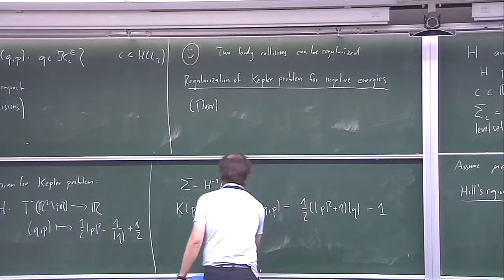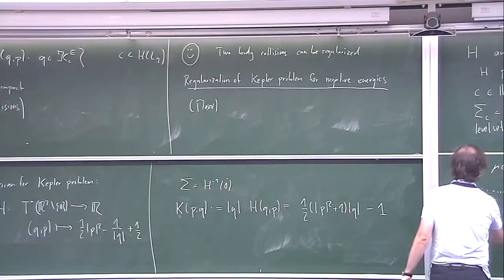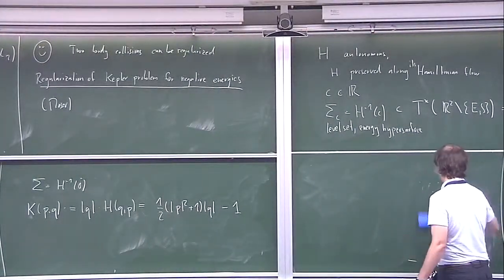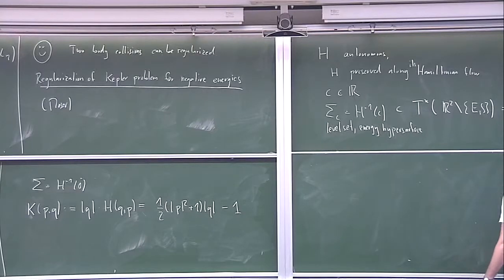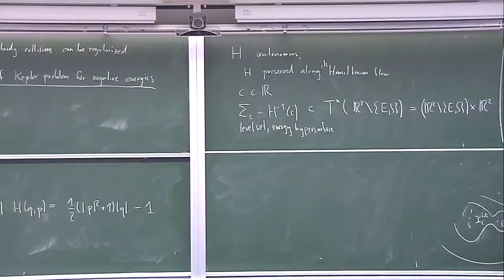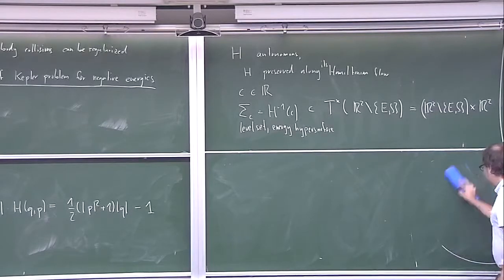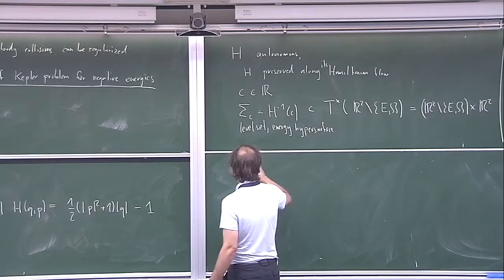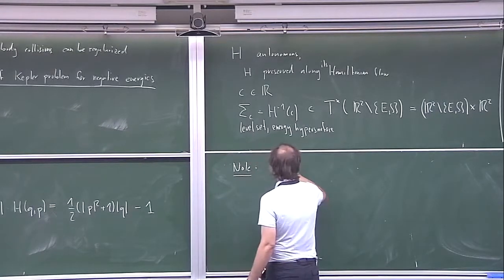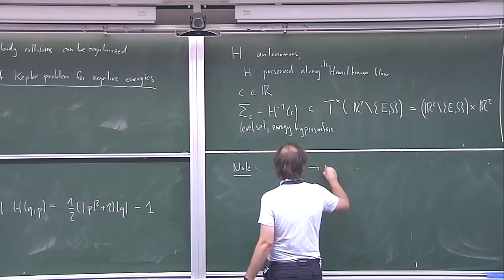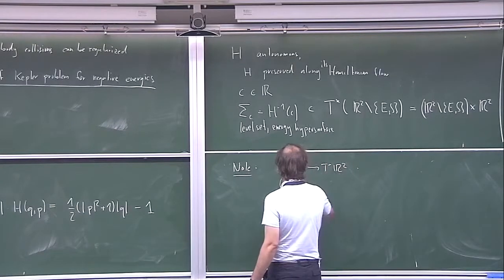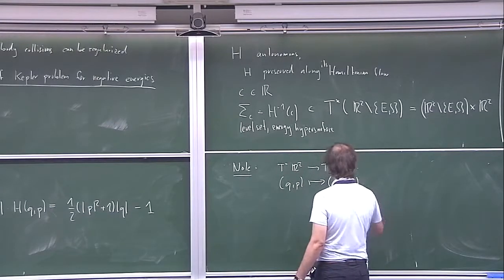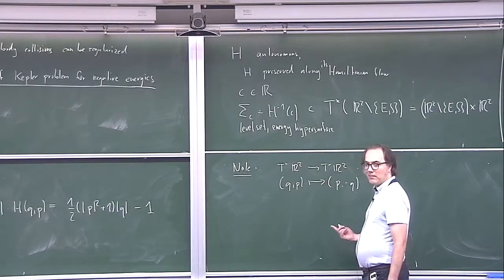So note, we have from T star R2 to T star R2, QP goes to P minus Q, and this is a symplectic map.